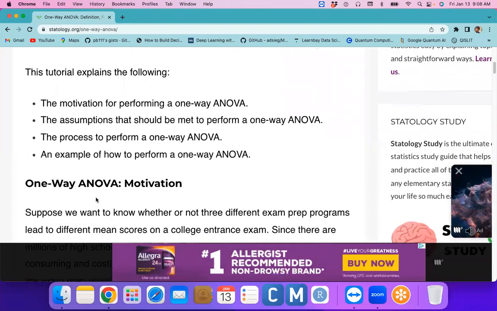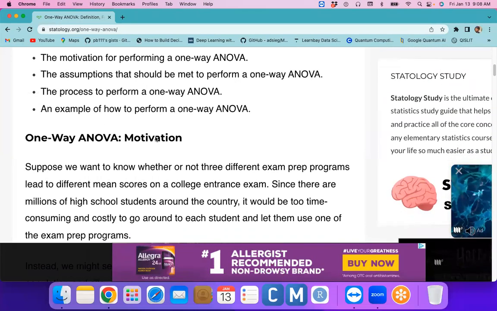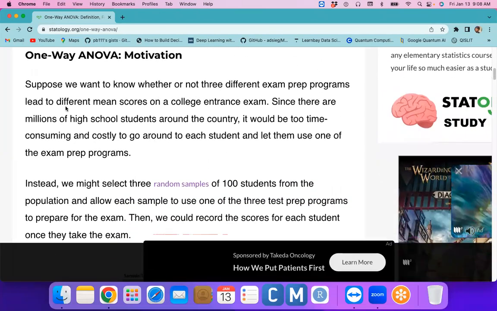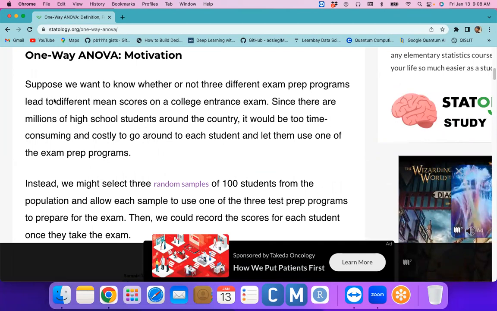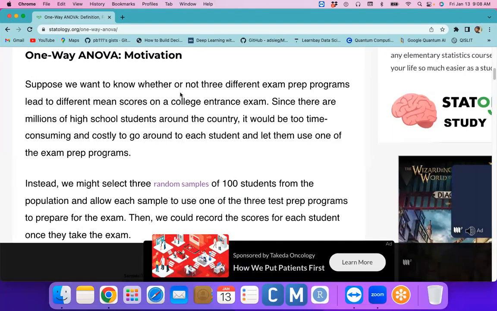Okay, the motivation of ANOVA, the assumptions, and how we can perform ANOVA, with some examples, we can see in this session. See, the motivation is here. Suppose we want to know whether three different exam preparation programs lead to a different mean score on a college entrance exam.